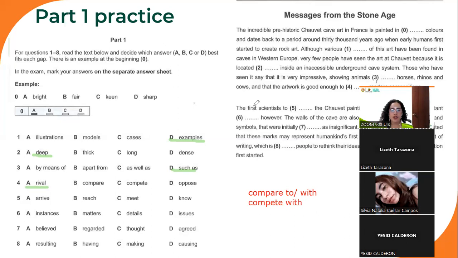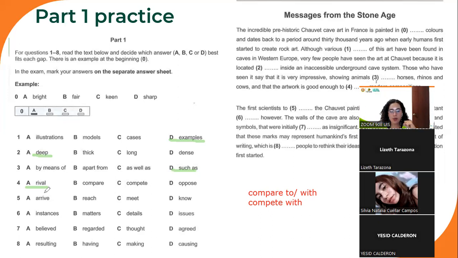Okay, number 5. The first scientist to the Chauvet painting. So here we need to analyze the context. We are talking about caves, right? That we were very deep in a cave in Western Europe.